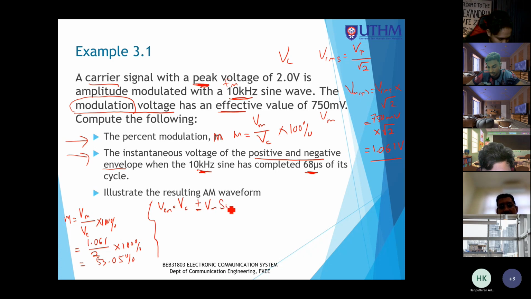VM sin 2 pi FMT. Okay, so this is equal to 2 plus minus 1.061. We use the peak amplitude, sin 2 pi, FM here is 10 kilohertz multiplied with the time.